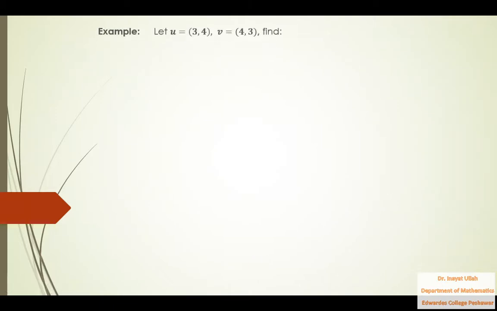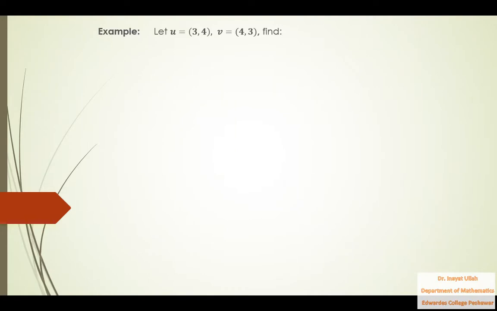This example is very important because in this example we will be studying all those topics which were discussed previously in the slides. In the example, you are given two vectors u and v, in row notation, ordered pair notation.